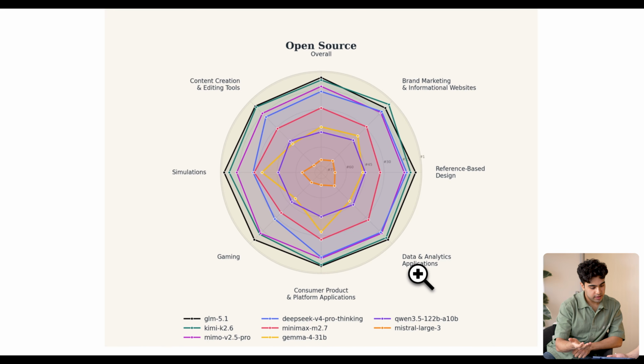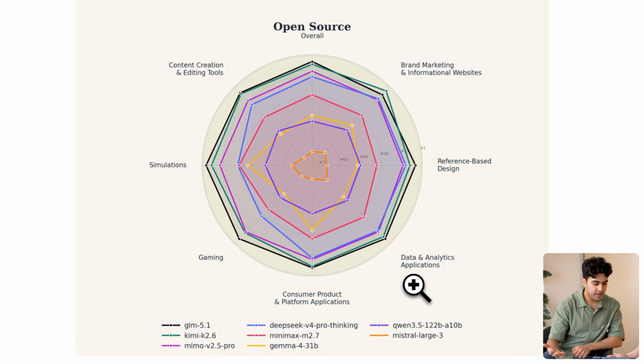Even though we see that Gemma 4 31B is not super highly ranked overall, it is super highly ranked on something like consumer product. This is almost like a decision tool. I can use this and the leaderboards to figure out, okay, if my use case is X, I should be using this model Y because it's quite performant in that category.